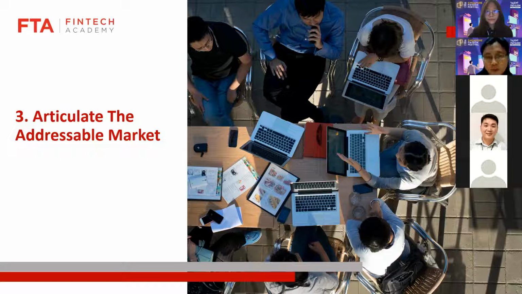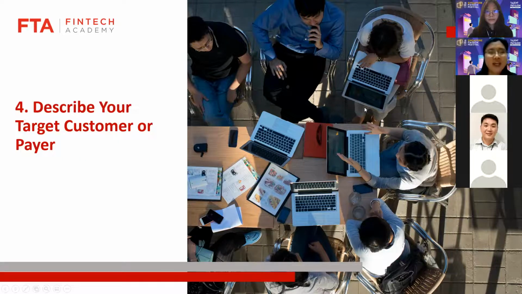Moving on to the 4th slide, this is how you would describe your target customer or payer. Before, we were talking about addressable market.